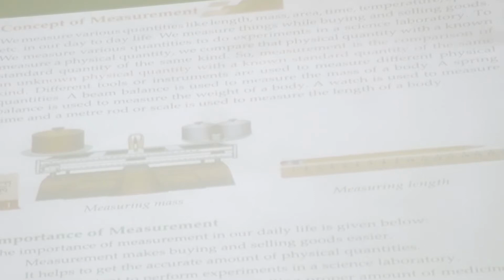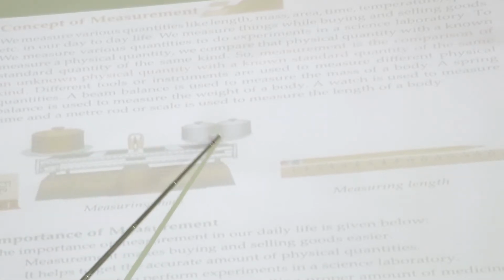For example, we can see here, this beam balance is a standard quantity whose weight is actual, and here is the physical quantity whose weight is not actual. So to find the actual measurement, we have to put these physical quantities into the beam balance.